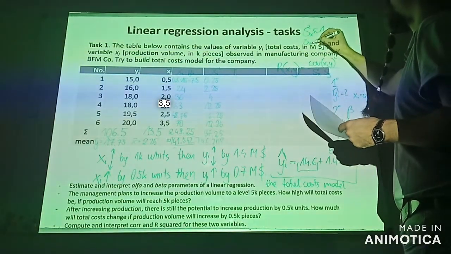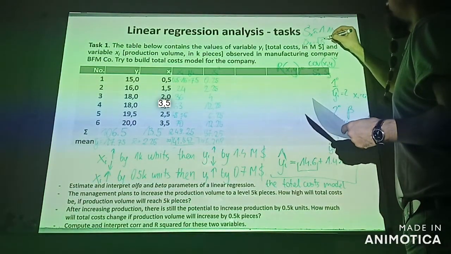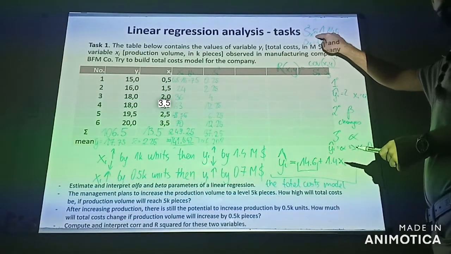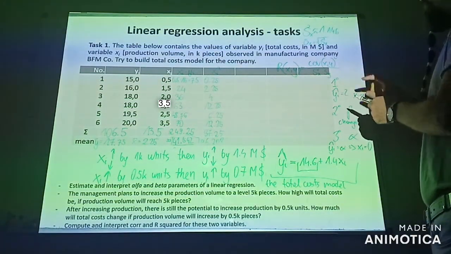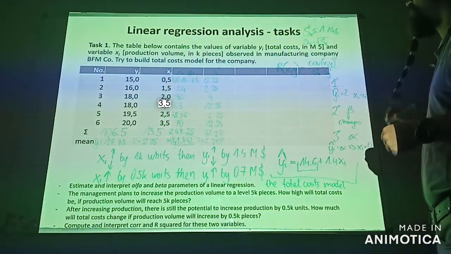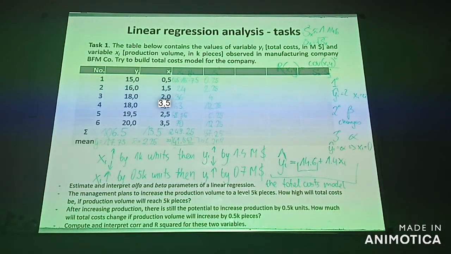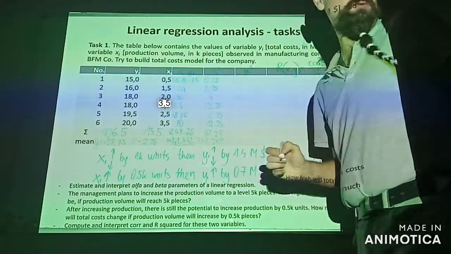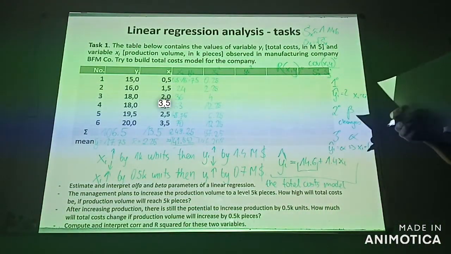So it's easy to find the standard deviation of x on the basis of variance of x, and the only thing that we don't have is the standard deviation of total costs. So we need the column of yi².